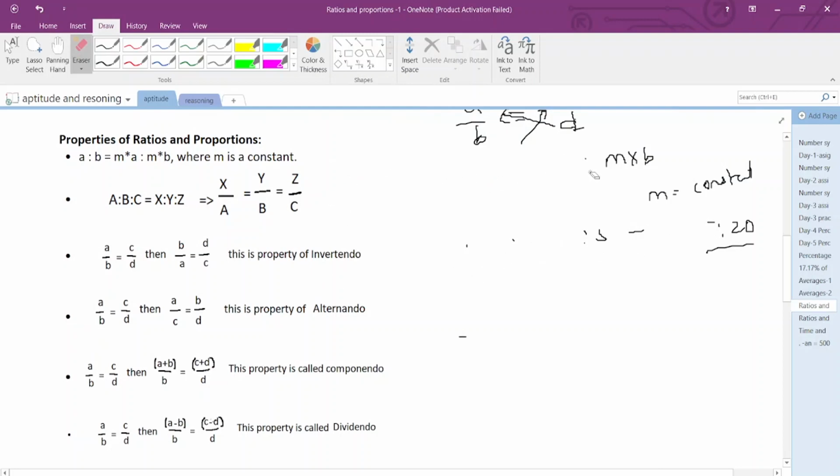Now we'll go to the second property. Here they have given three terms.